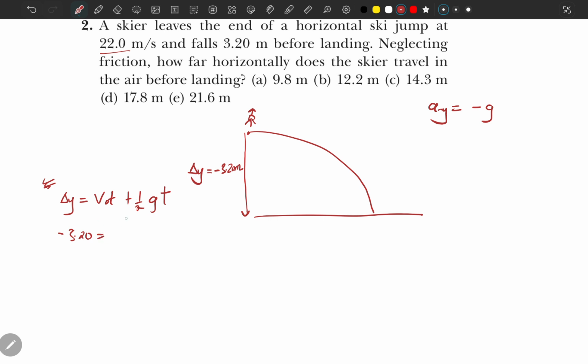Initial velocity is 0, so this would be negative one half because g is negative, times 9.8, and t we don't know, it's squared. Meaning our t is equal to the square root of 2 multiplied by negative 3.20 over negative 9.8.